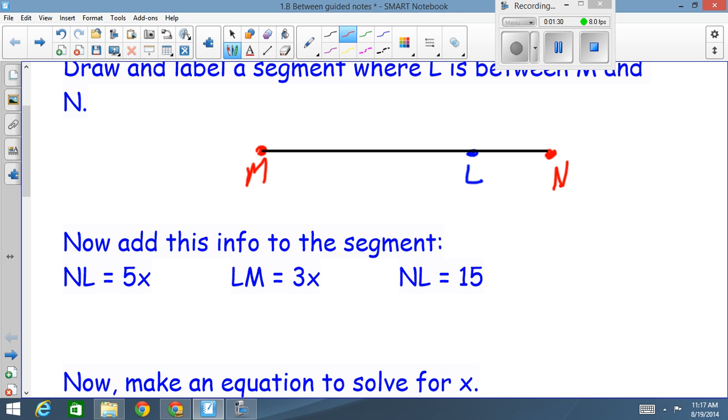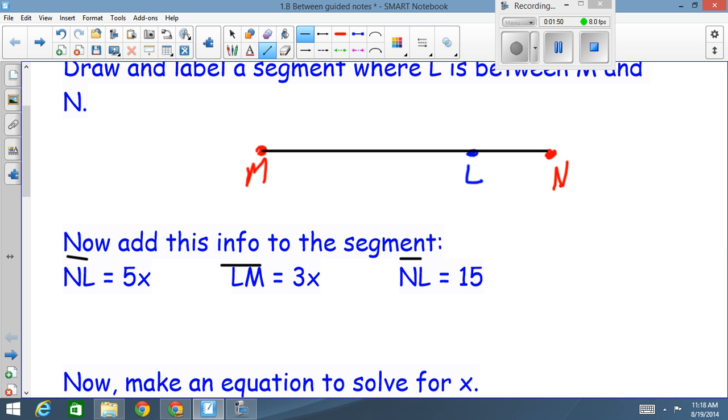I made a little mistake here by not putting my segments above my NL and my LM and my NL over here. There's actually a typo there too, but hold on a second. So let's add this information to the segment.